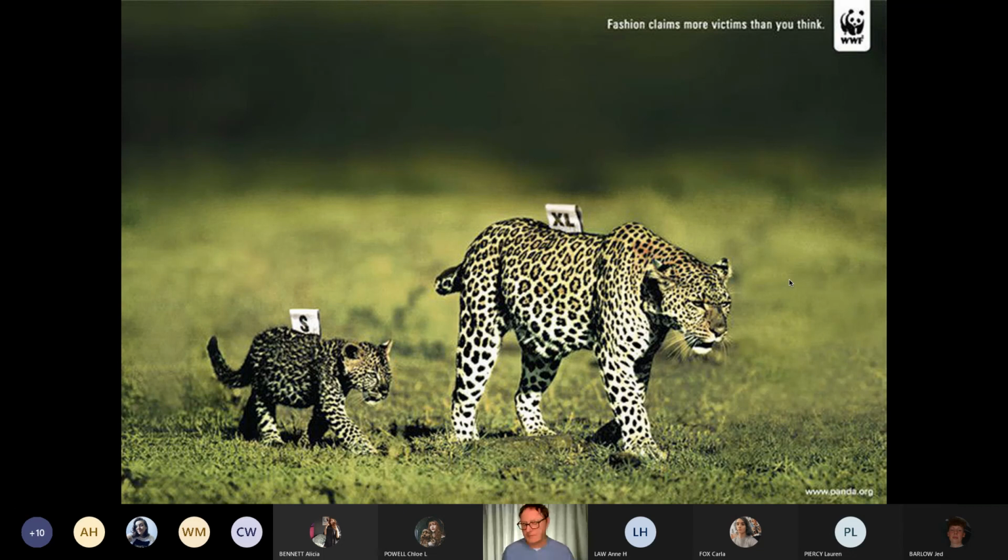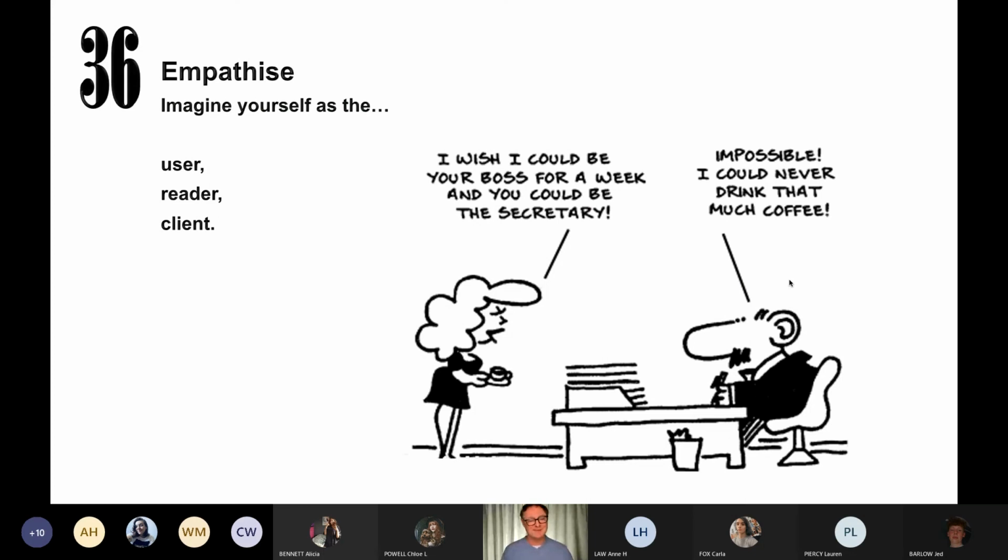Okay. Alrighty. Back to the tips. Enough about visual metaphors. So tip number 36, emphasize. Imagine yourself as the user, the reader, and the client. All three together and all three separate. And exaggerate the problem.